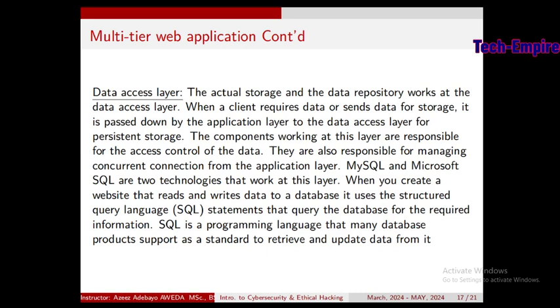But let me quickly explain this. The actual storage and the data repository works at the data access layer. Now, when a client requires data or sends data for storage, it is passed down by the application layer, which is through the application. Let me try to explain this better so that we all understand this.